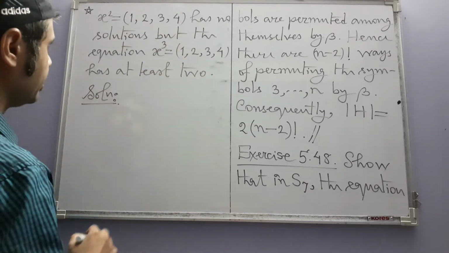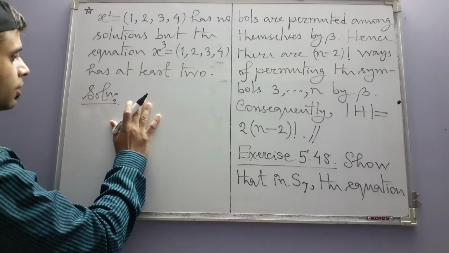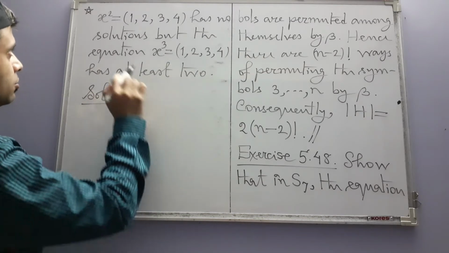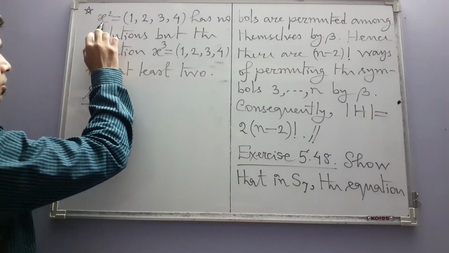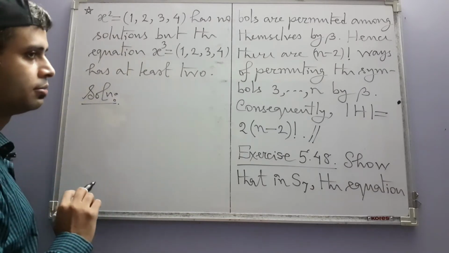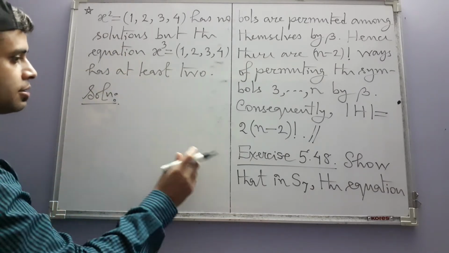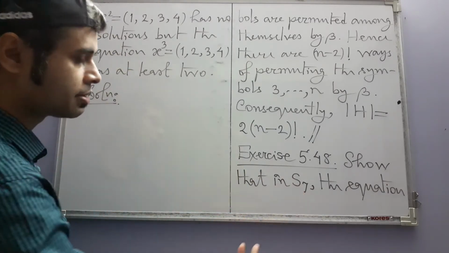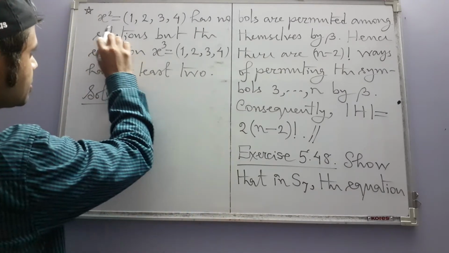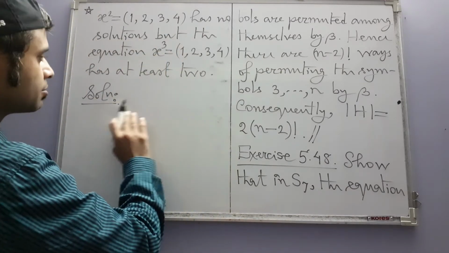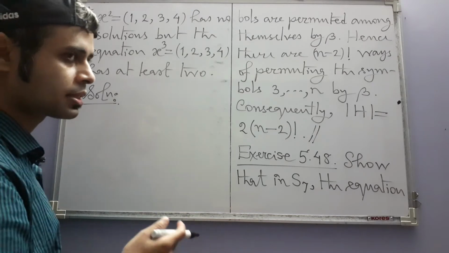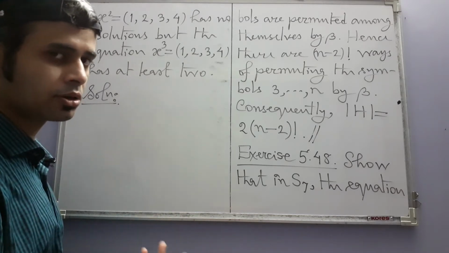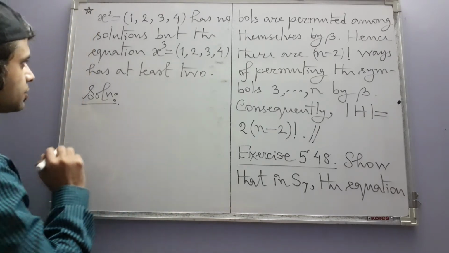So to see that, let us first of all see what the possible orders of x are. That is, if x is some element in S7 which satisfies this, then from this equation we will be able to say something about the possible order of x. So let us first do that.